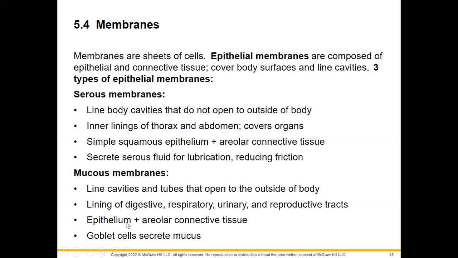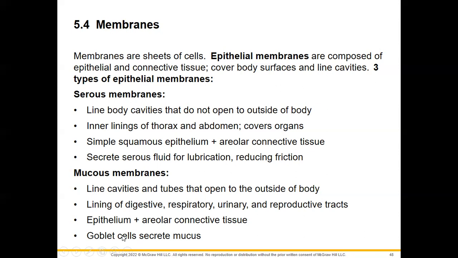Mucous membranes are made up of epithelium and areolar connective tissue, just like this is epithelium and areolar connective tissue. So similar makeup of the types of cells, epithelium and areolar connective, but different secretions because they're in different locations. Right. So we talked about goblet cells previously.